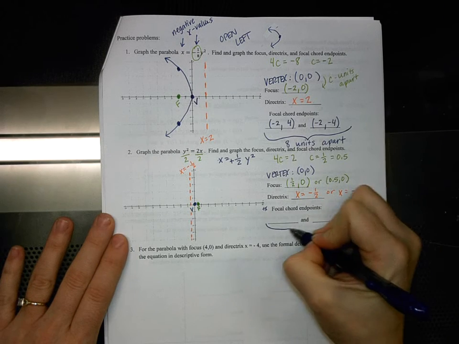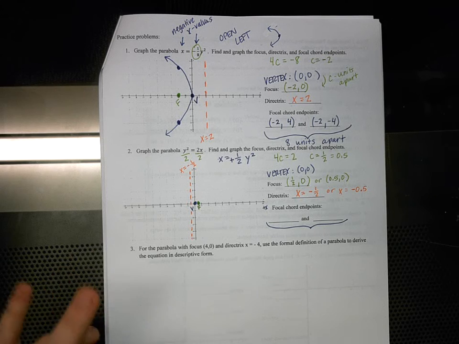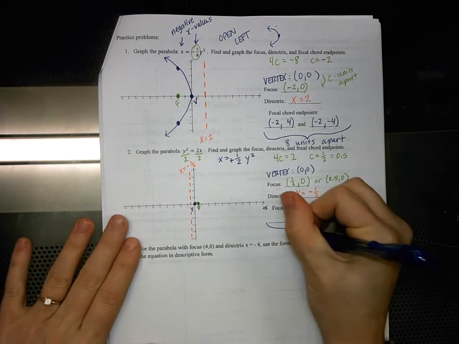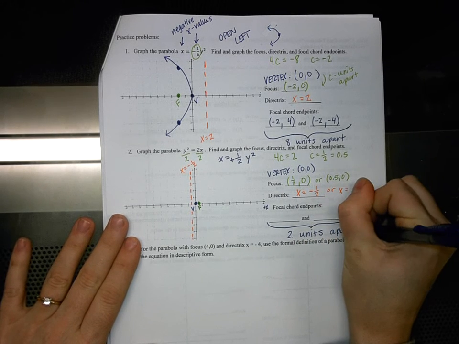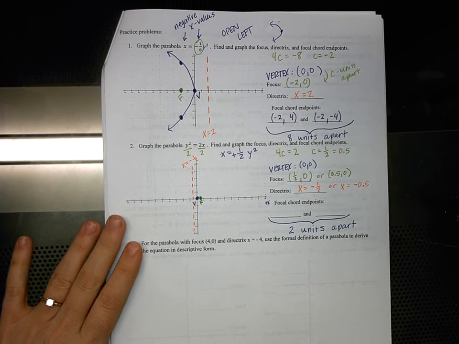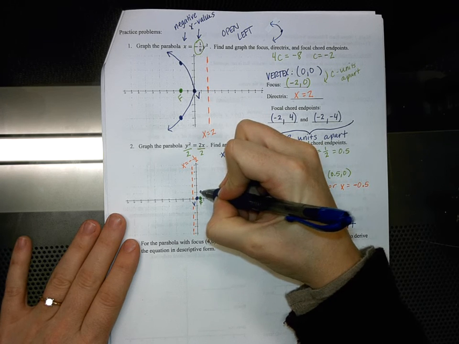How far apart are these focal chord endpoints? 2. 2 units apart, because that's the reciprocal of a. How far do I go from my focus? 1 up, 1 down.